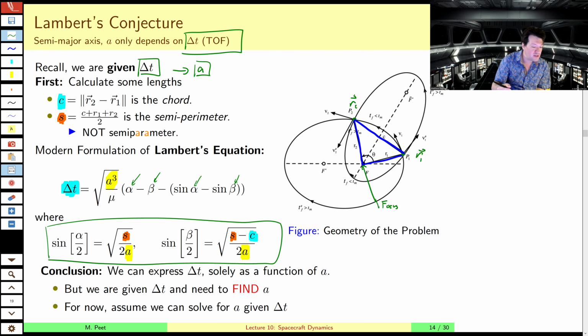The first parameter is C, the chord length. You may remember chords from circles, as the line connecting 2 points on the circle. The same is true of an ellipse. So the chord length is this length of the triangle there, and it's easy to calculate because it's just the magnitude of the difference between R1 and R2, the vector from R1 to R2.